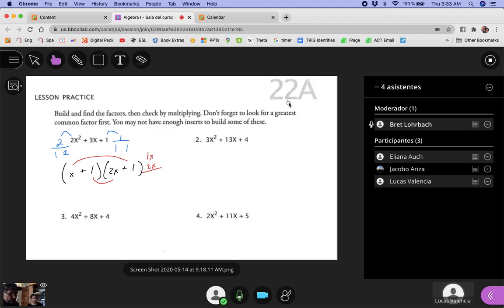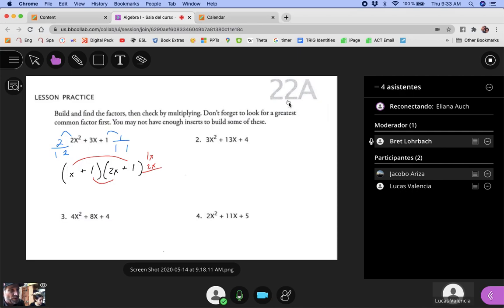But now, instead of just doing the factors of the third term, you have to do the combination of both, because you have to get the factors of 2x squared. Remember, we are building a rectangle. And the length times width has got to give you 2x squared plus 3x plus 1.